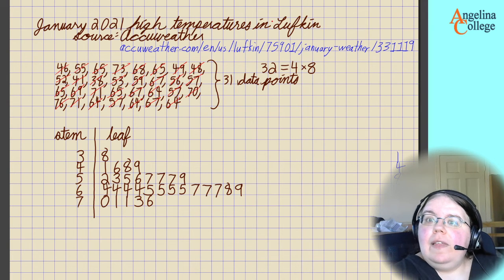So this really helps for finding some particular numbers that are important. For example, I could see this before from it being the only leaf in that stem, but I can see here that 38, my lowest leaf in my lowest stem, is my minimum.